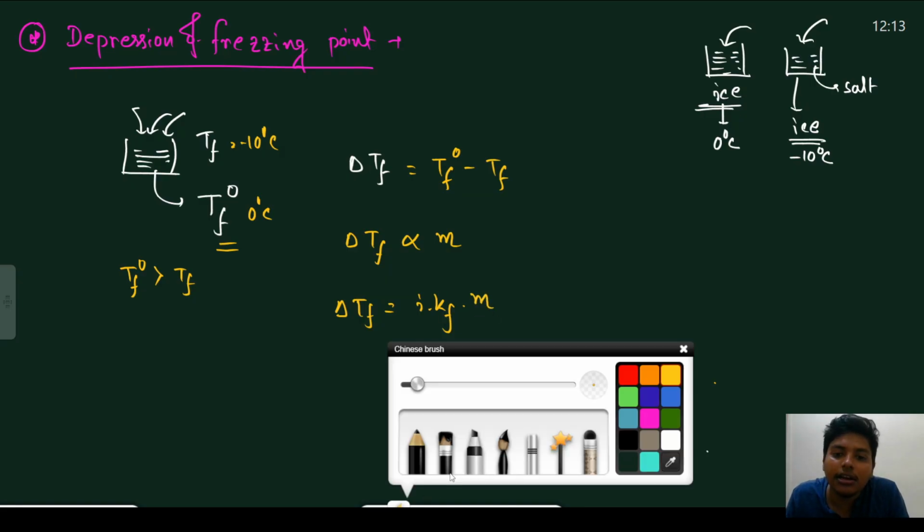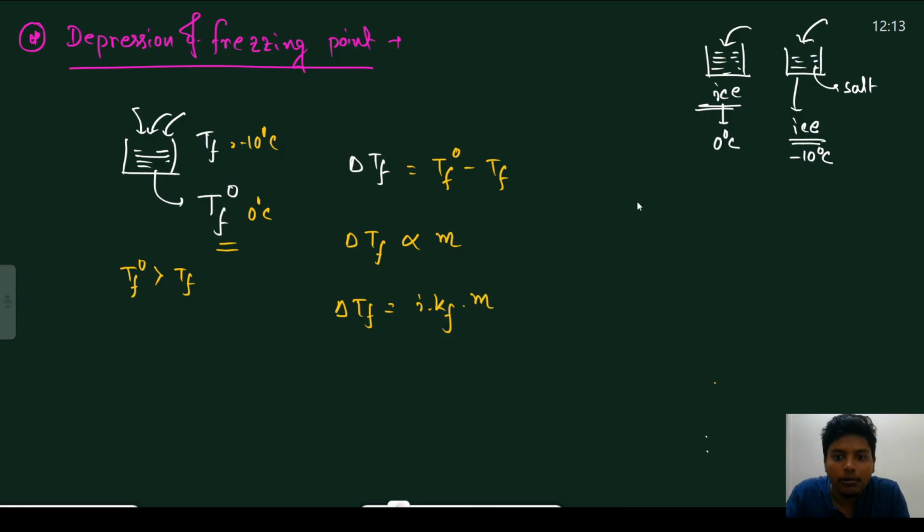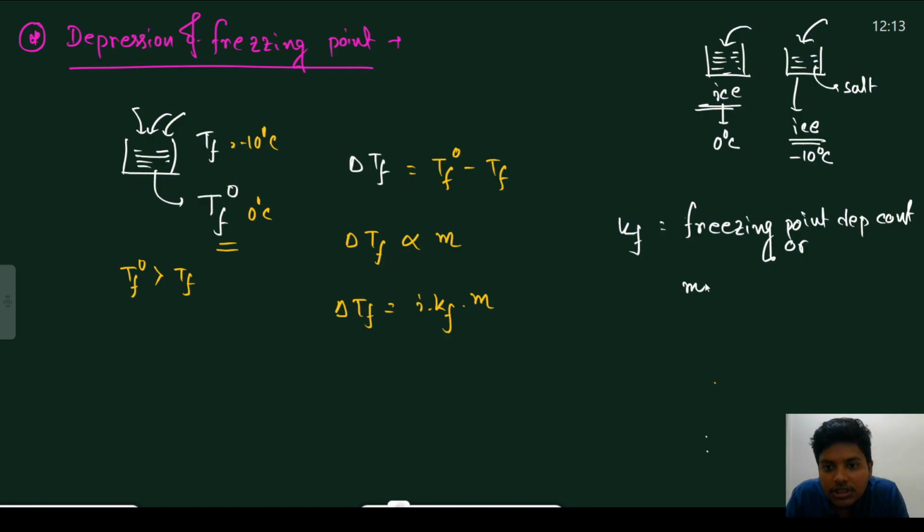Like there we found Kb, here we have Kf. What is Kf? Kf is known as the freezing point depression constant, or molar depression constant, or cryoscopic constant.